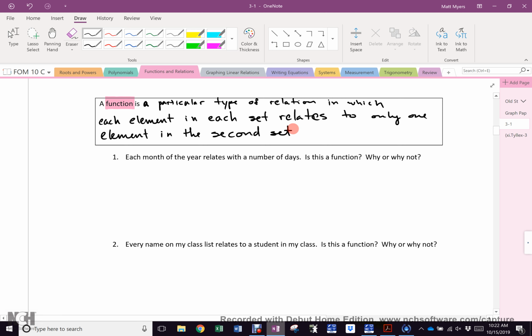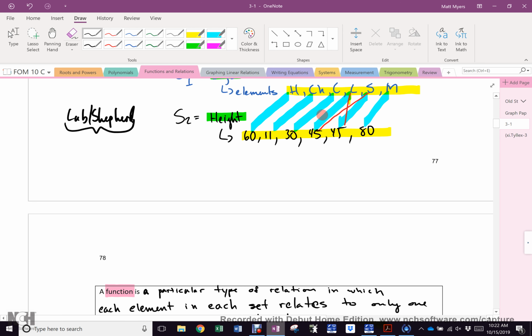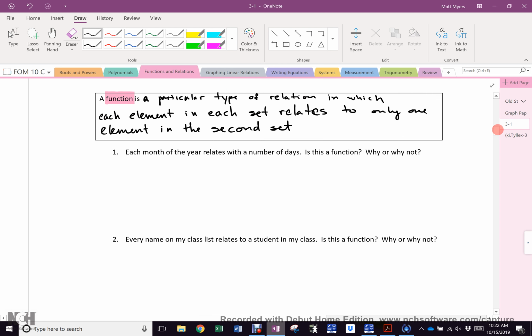So, every piece of data in one set, if I'm making the branches like I made here, would only go to one element in the second set. Everybody cool? So, we're going to talk about this right now.